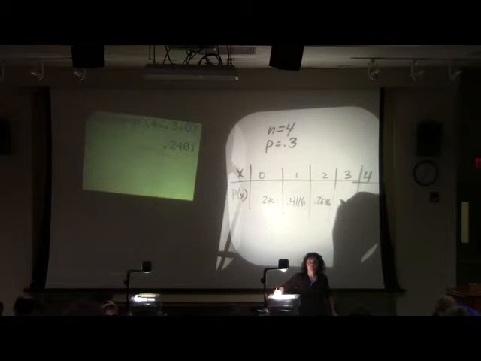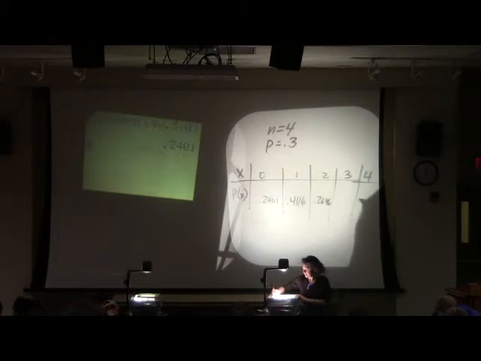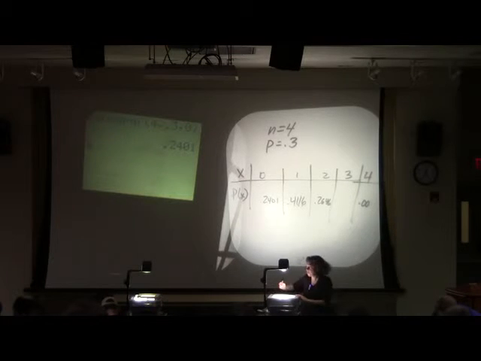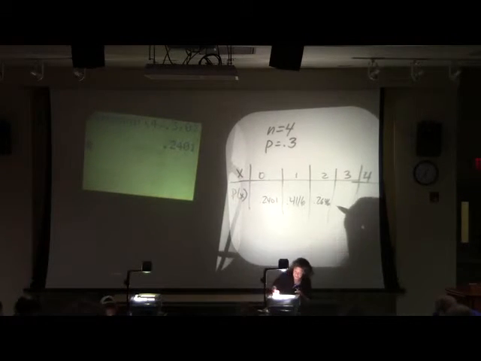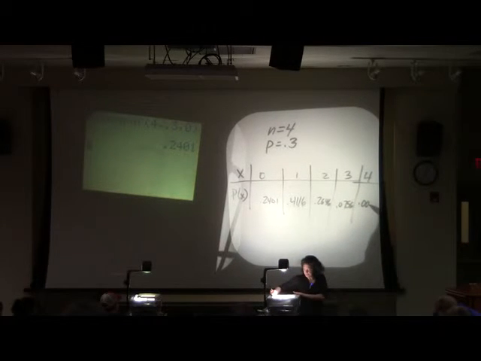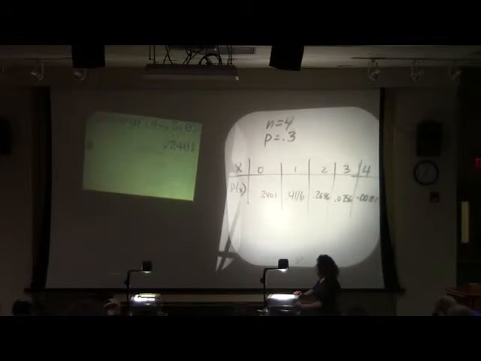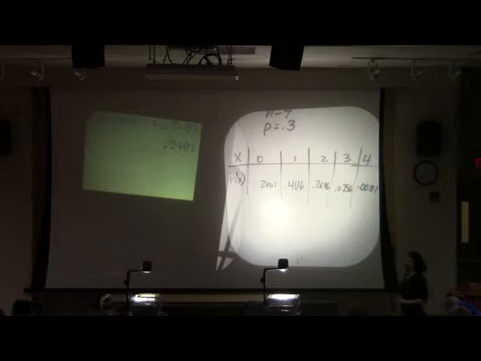Anyone do 3? Okay, I'll do 3. 0.0756. And this last one should be 0.0081. Thanks, guys. All they did is this binomial thing for all 5 columns. You agree we have our probability distribution table.